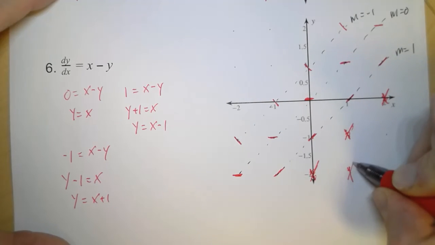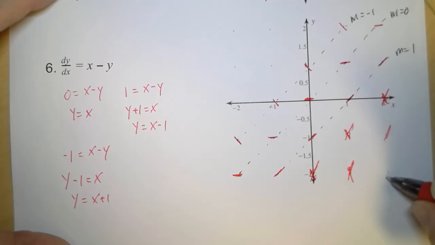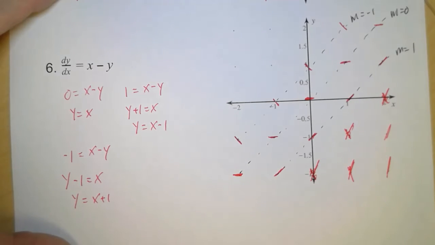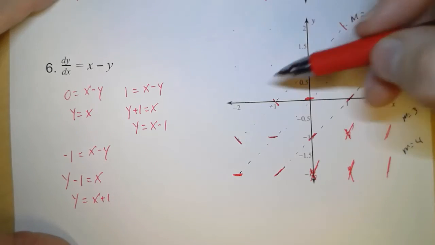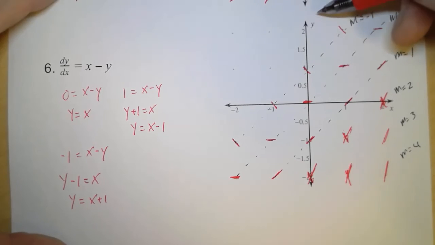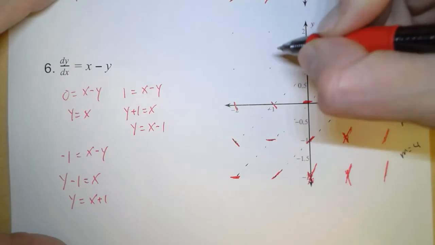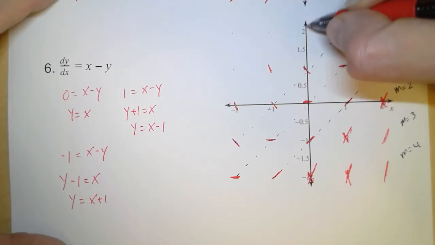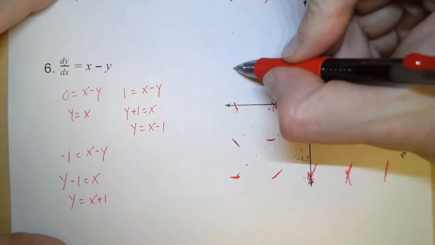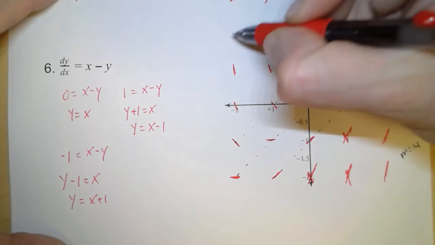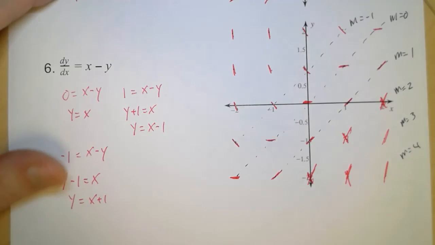And this should be positive 3, and this should be positive 4. So m equals 2, m equals 3, m equals 4. So over here, my mistake, over here along this line we should have a slope of negative 2 here, negative 2, and negative 2. And then we have negative 3, and then negative 4.